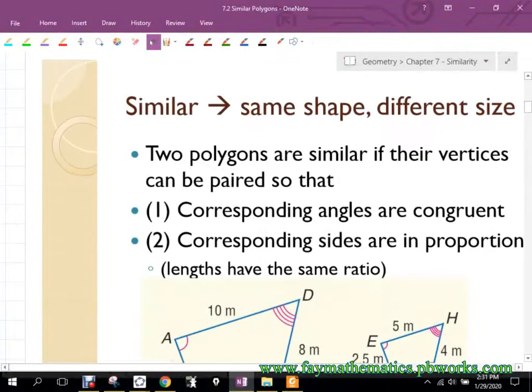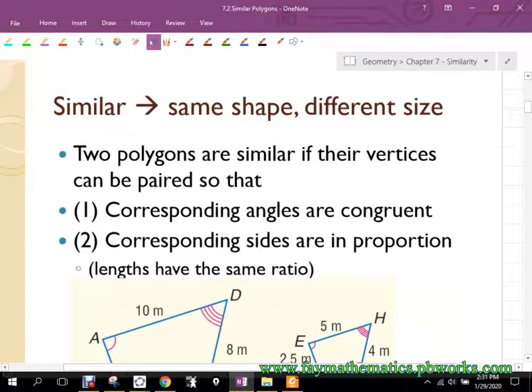But when we do a dilation, the resulting image and the pre-image are what we call similar shapes. So what I'm trying to get at here is what we talked about today. You've had these shapes in front of you before. Whether you talked about them in regards to similarity or not, I'm not sure, but you have dealt in some aspects with similar shapes.